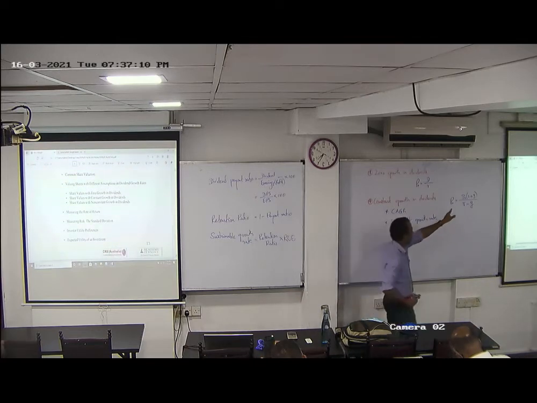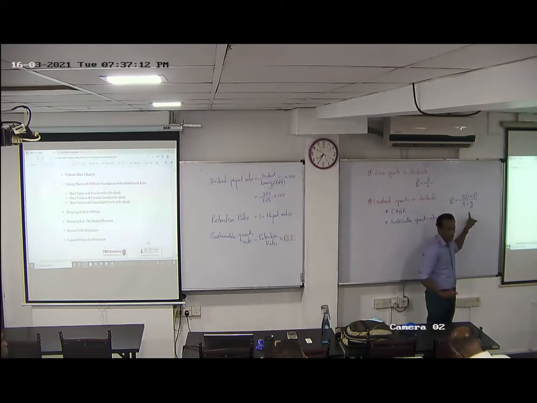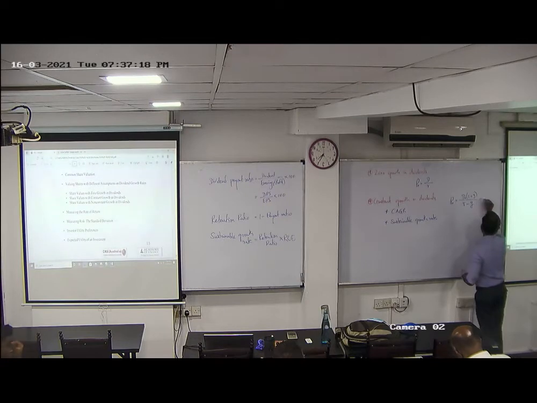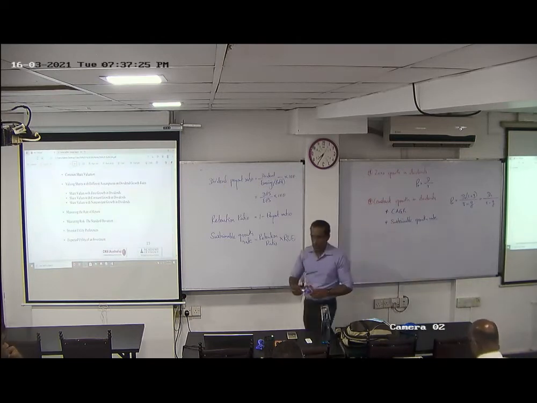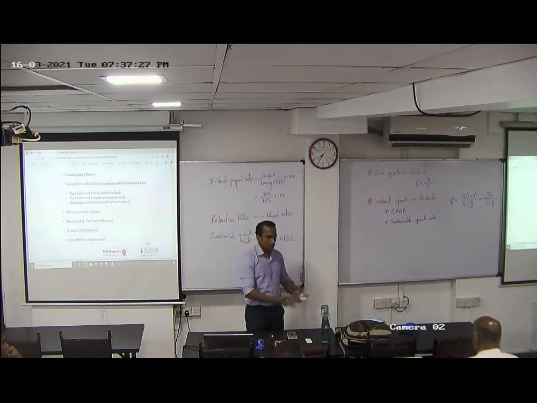So this is the currently paid dividend. When we assume the dividend is growing at this rate continuously, this is the dividend for the first year. So the same formula can be written as D1 divided by R minus G. D0 into 1 plus G is D1.